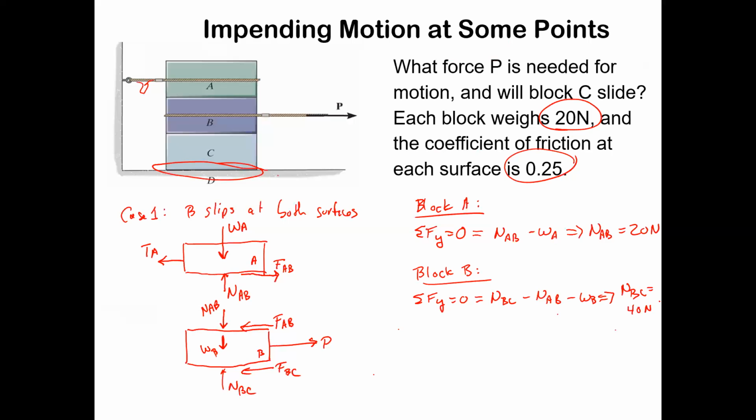That's what the normal force is doing. It's counteracting the effects of gravity. Well, that force that B is applying to A is also what A is doing to B in the opposite sense. A is compressing B by its own weight of 20 newtons. We call that NAB still. That's how that's taken care of. It's those normal forces. Good question. It's those normal forces which are taking care of those weights.